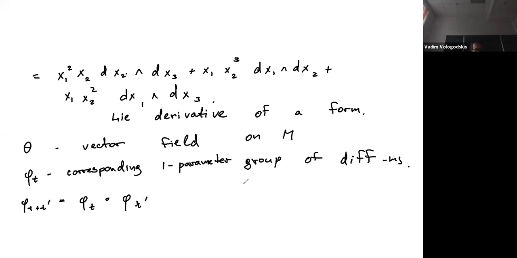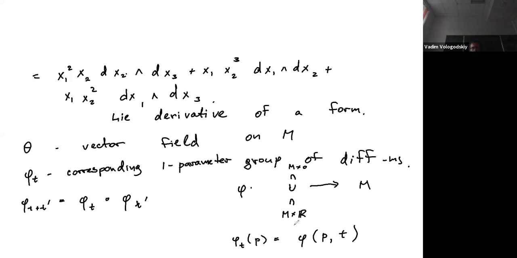Instead, what we have is a map from an open subset U of M times R, which contains M times 0, and it's a map from U to M. It is understood here that phi sub t of P is defined as phi of P comma t.